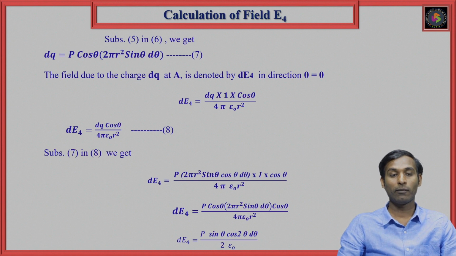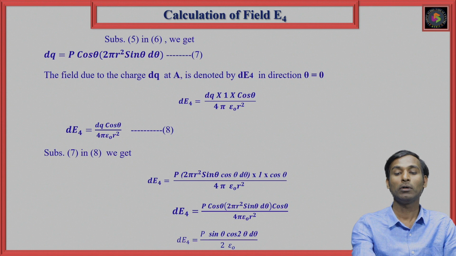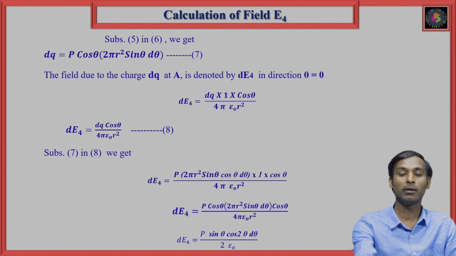After that, the field due to charge dq at atom A is denoted by dE4 in the direction theta equal to 0. That means, according to the resolution of vector concept, we are taking the perpendicular component position. dE4 is equal to dq into 1 into cos theta divided by 4 pi epsilon naught r square.